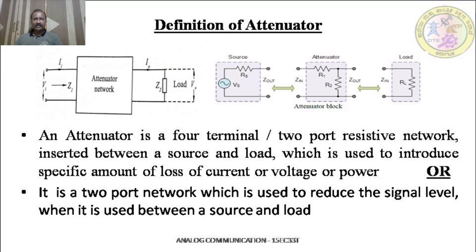Or another way you can define, it is a two-port network which is used to reduce the signal level when it is used between source and load. Like this you can define our attenuator. Normally our attenuator circuit is designed using resistors, otherwise resistances. We are going to use them to construct our attenuator to get the required amount of attenuation.